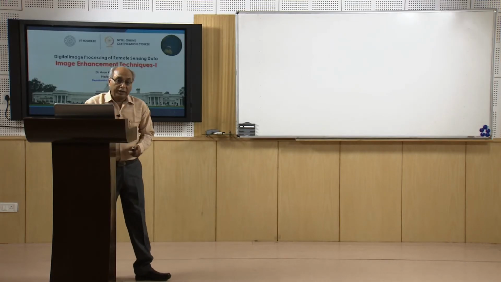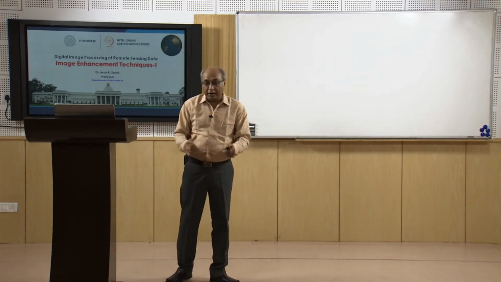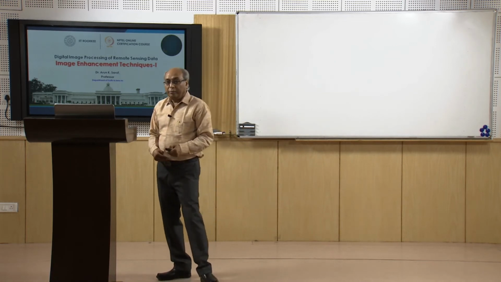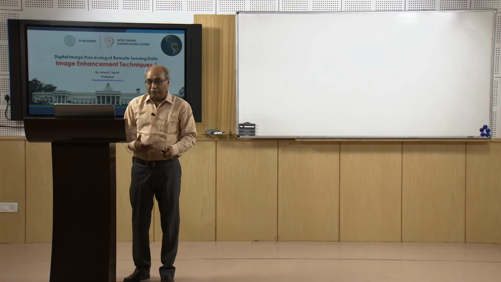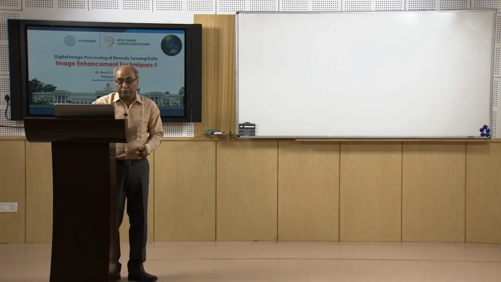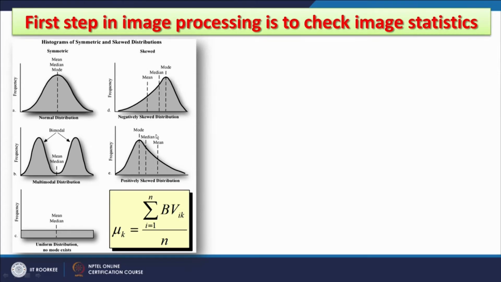This may be in a region like coastal areas, or where a large water body and a land part are both there. Both will have different pixel values, and therefore they will be distributed completely differently. You may have a positively skewed distribution, just opposite to the negative one.